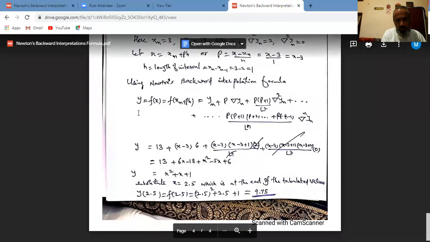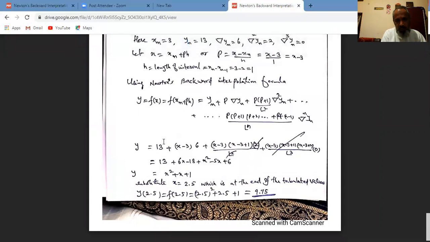So y is equal to yn value 13, p is x minus 3 into nabla yn value 6, plus p into (p plus 1), that is (x minus 3) into (x minus 3 plus 1), by factorial 2 nabla square yn, its value is 2, plus p into (p plus 1) (p plus 2) by factorial 3 into nabla cube yn, which is 0.